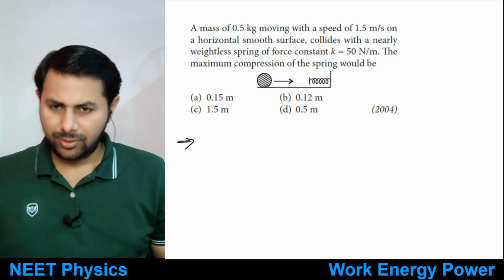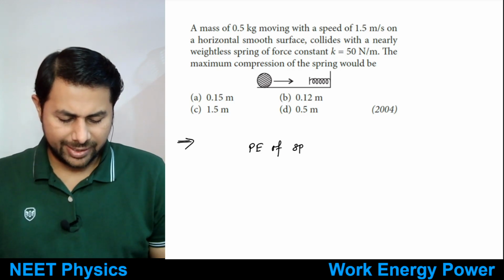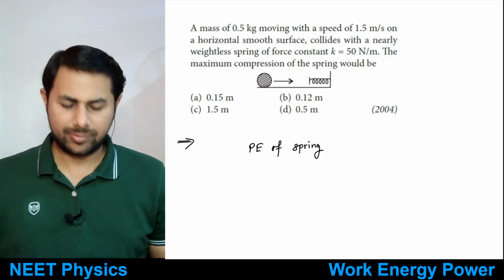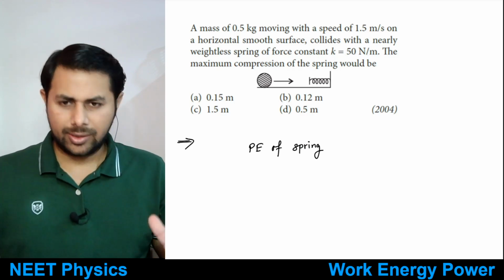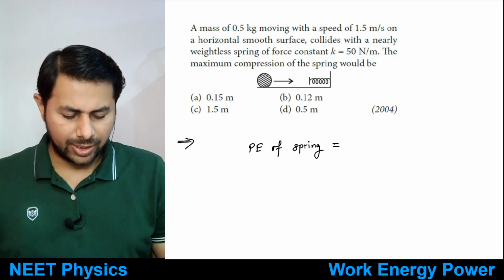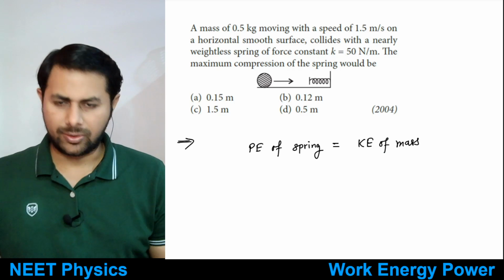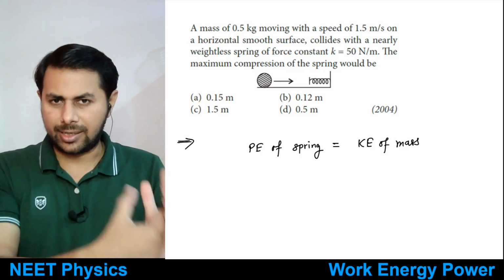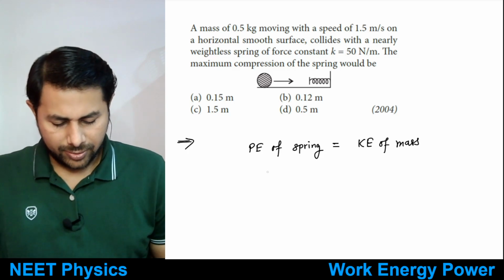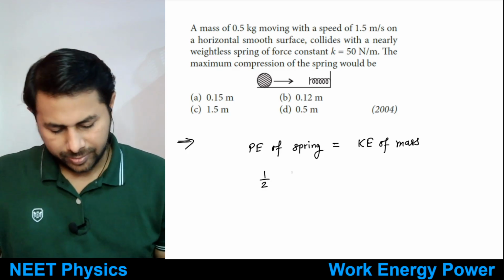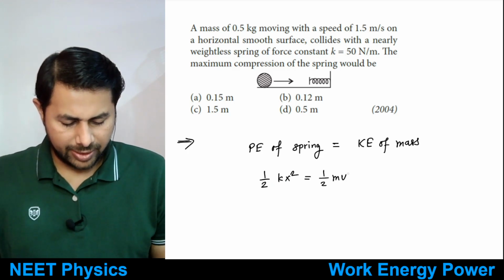So I can say that potential energy of spring when it gets compressed completely, meaning by maximum amount, should be equal to the initial kinetic energy of that mass. That mass will lose its kinetic energy and do some work against the spring. So half of k times x square is equal to half of mv square.